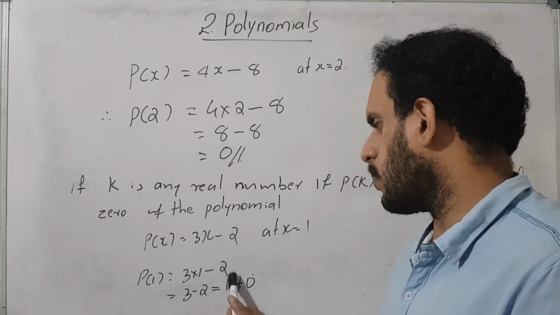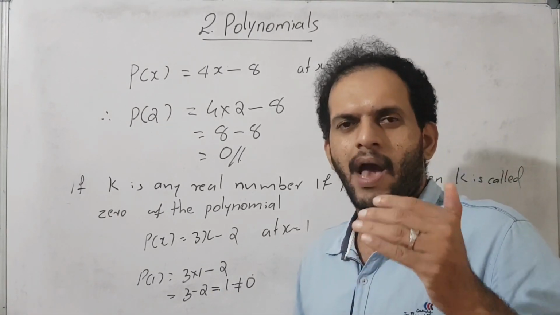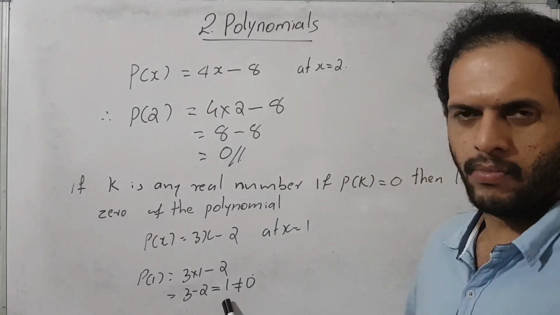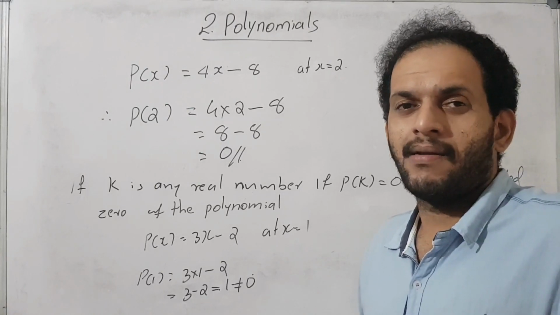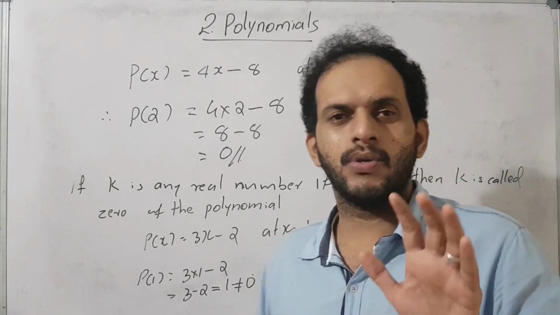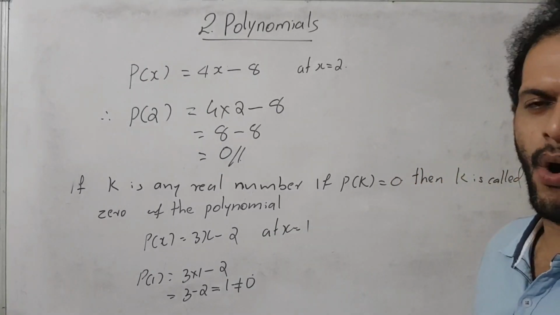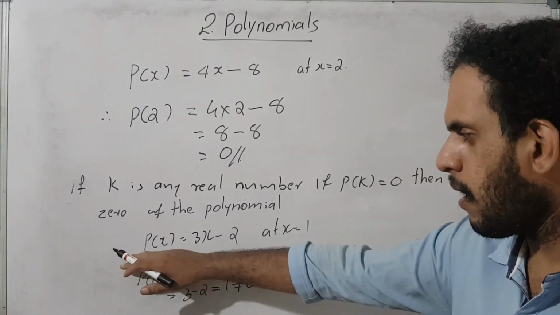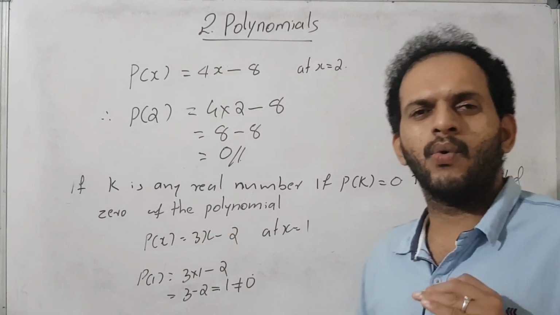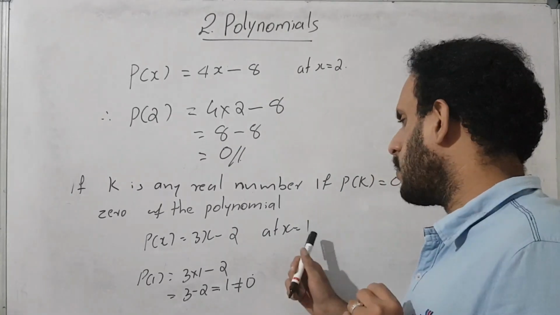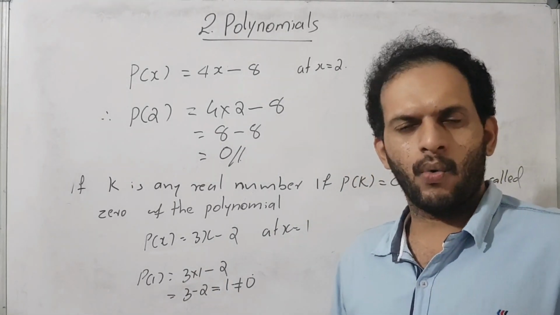After that the value is equal to 1. അപ്പോൾ p of x ലെ x ന് 1 സബ്സ്റ്റിറ്റ്യൂട്ട് ചെയ്തപ്പോൾ നമുക്ക് കിട്ടിയ വാല്യൂ എത്രയാണ്? 1 ആണ് അല്ലേ? 0 അല്ല. അപ്പോൾ we never get the value of p of x is equal to 0. So we concluded x is equal to 1 is not a 0 of the polynomial p of x is equal to 3x minus 2. അല്ലെ? 0 കിട്ടാത്തത് കൊണ്ട് നമ്മൾ എന്ത് കൺക്ലൂഡ് ചെയ്യുന്നു? x is equal to 1 എന്ന് പറയുന്നത് ഈ p of x ന്റെ 0 അല്ല.